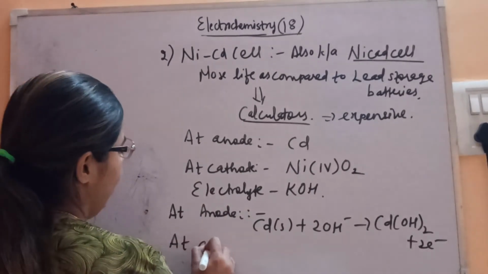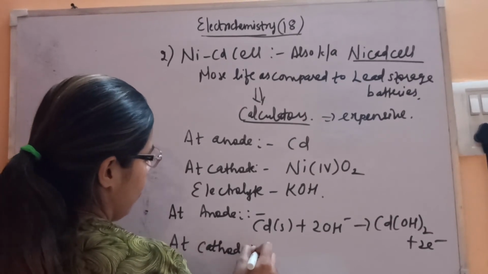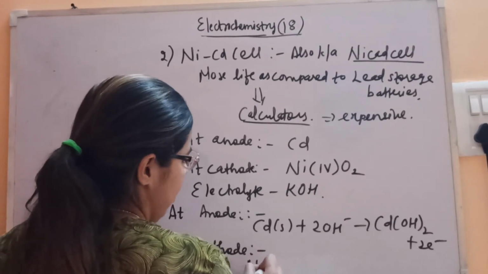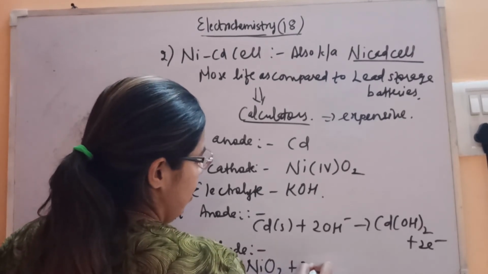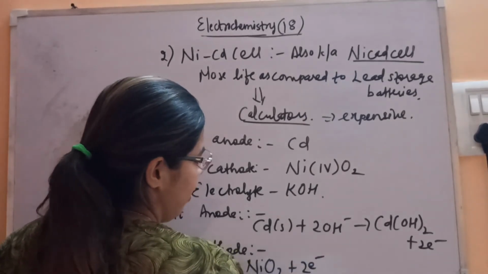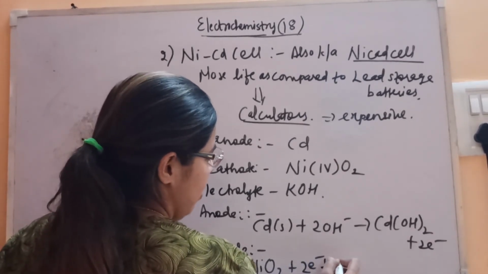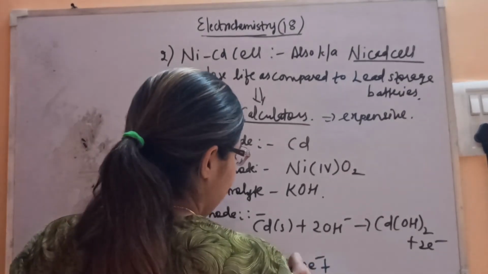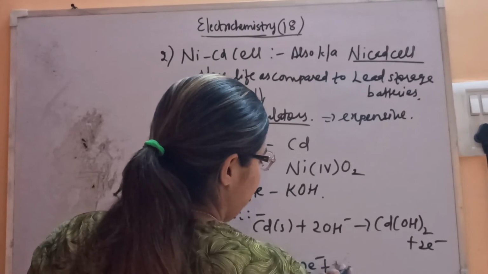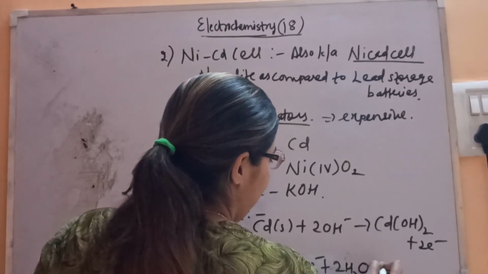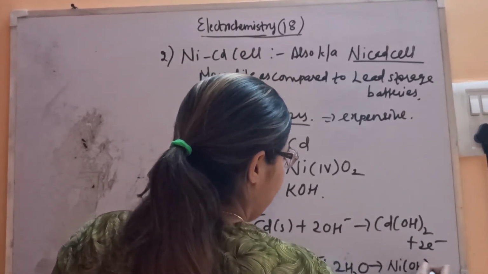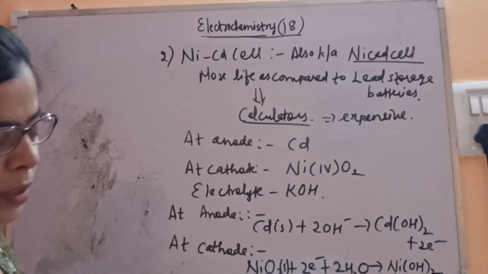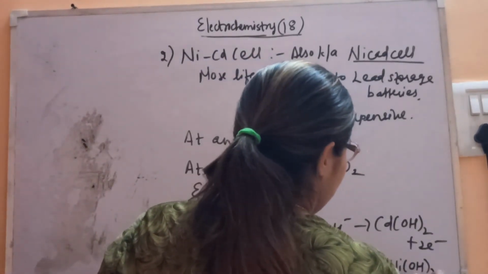At the cathode, nickel dioxide, which is solid, reacts with the 2 electrons and 2 molecules of water, and gives you nickel hydroxide plus 2OH minus.